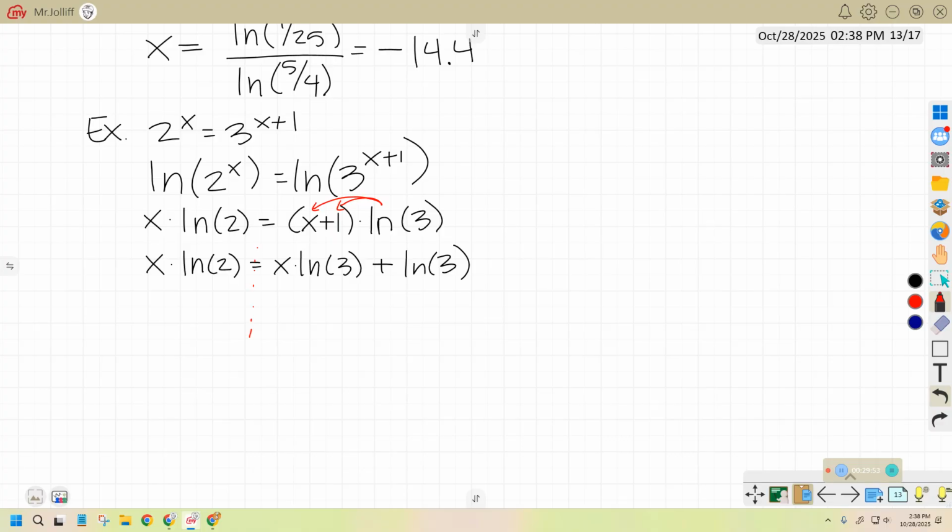What should I do? Subtract. What am I subtracting? That's probably the easiest way to do it. Since I already have an x by itself over here, just move this over here. We don't have to. That's a good pattern. I prefer to do that if I have 2 terms on each side.